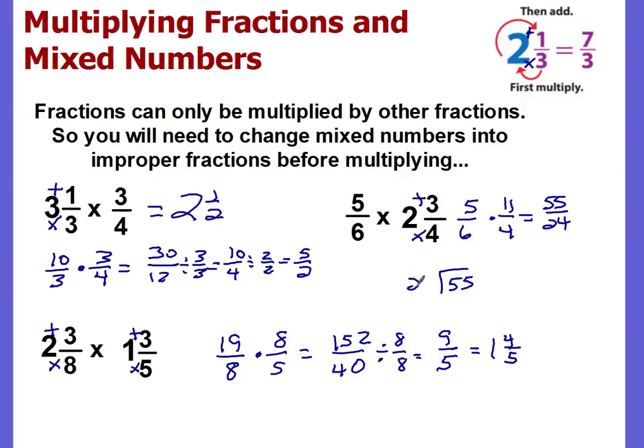How many times will 24 go into 55? I believe it'll go in 2 times, which is 48. Subtract: 55 minus 48 is 7. So we get 2 wholes with 7/24. And that's your final answer. And that's all there is to it for multiplying fractions or multiplying fractions with mixed numbers or whole numbers.